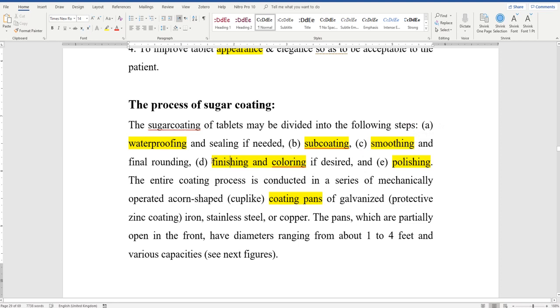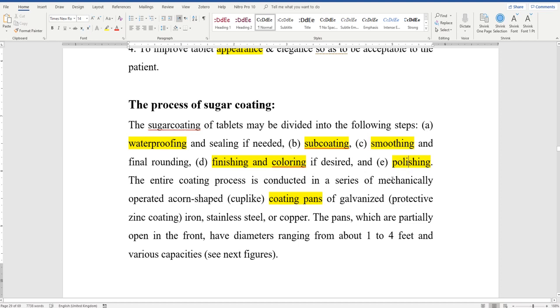Then we do finishing and coloring, and the last step is polishing, but before this and after finishing and coloring, we do something called imprinting. So we have here the imprinting step, and then we have polishing.